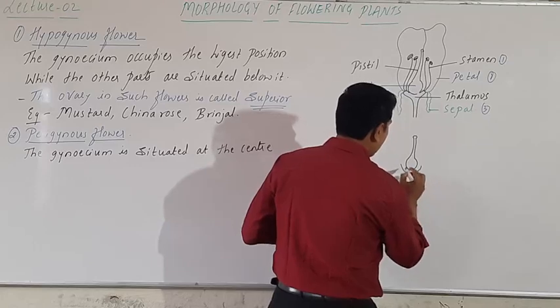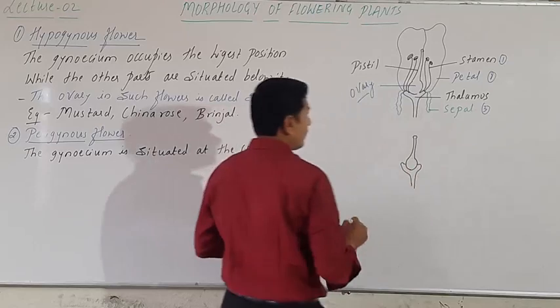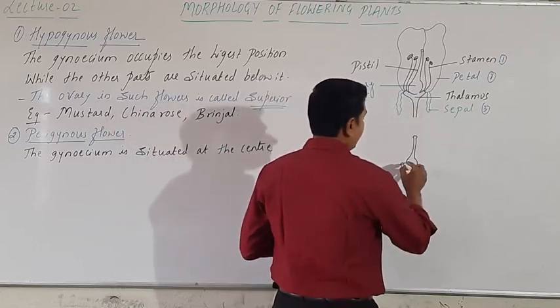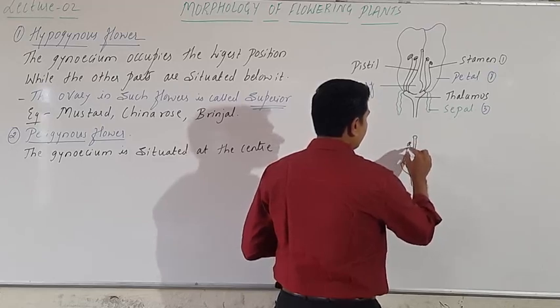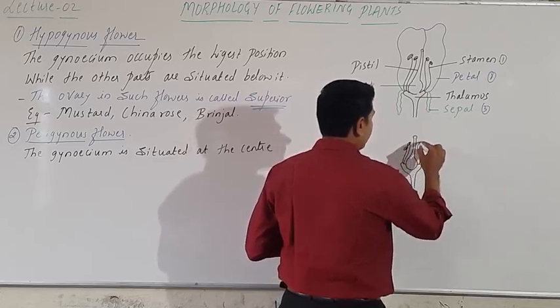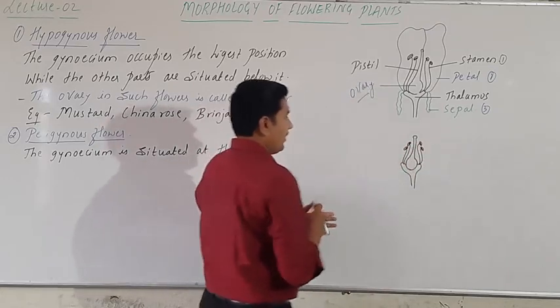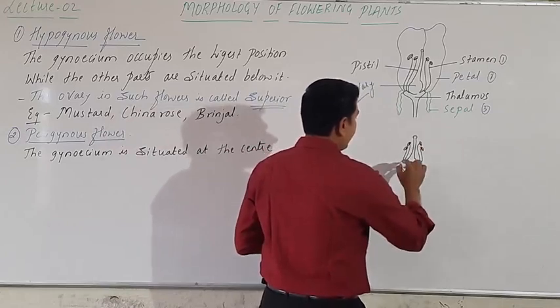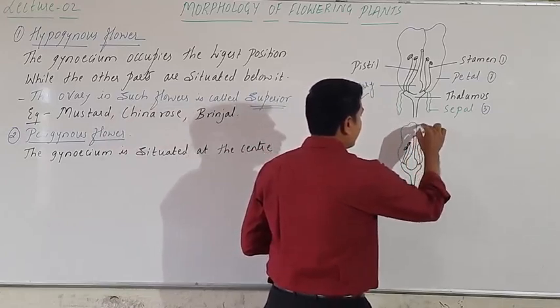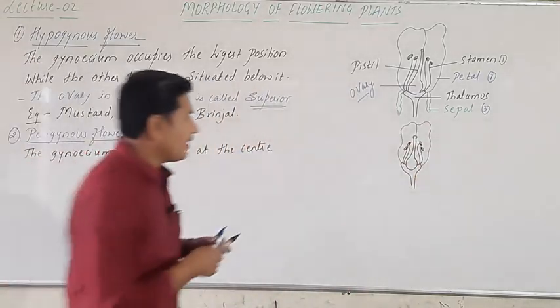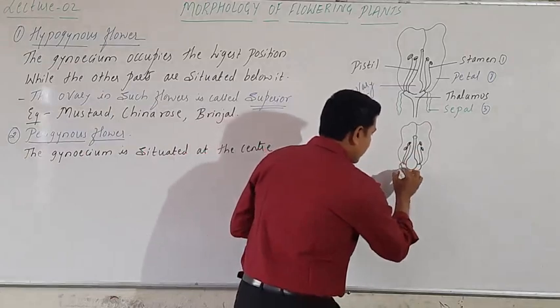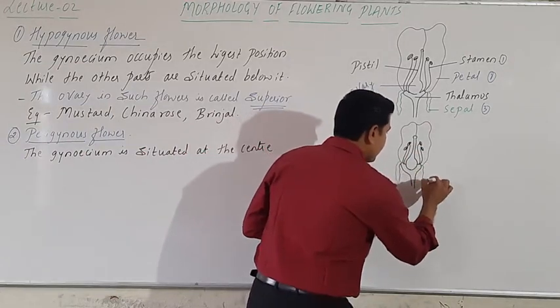Okay, here we have the stalk, and here arise the stamens, and then here we have the petals, and on the lower side we have the sepals.